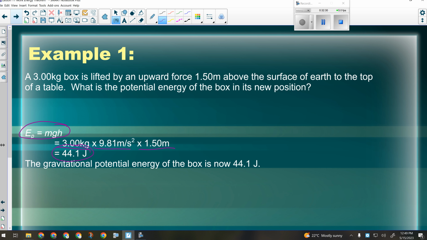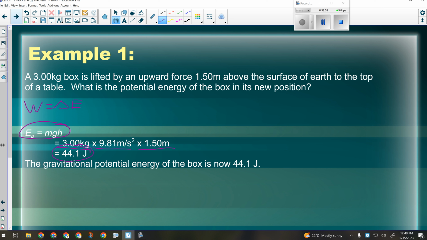So how much work did I do? If I'm the person who lifted it, how much work did I do? Don't overthink it. 44.1 joules worth of work. Remember this, we said this earlier: work is a change in energy.